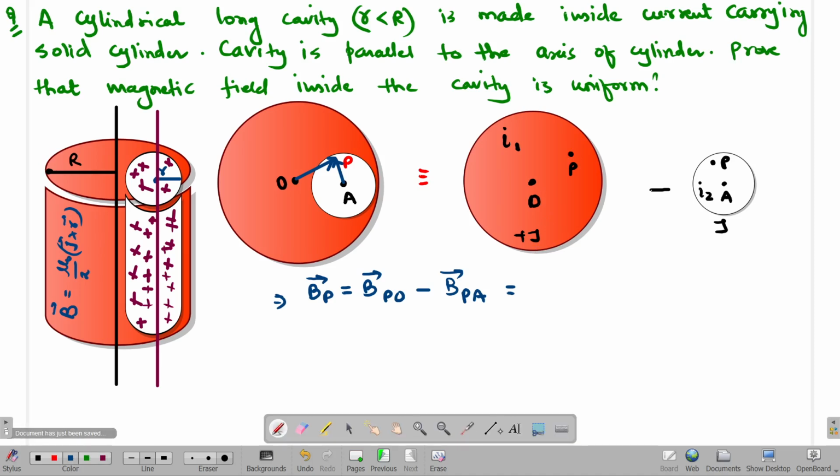If I talk about R vector, then R vector is OP vector. So it will be mu naught J vector cross OP vector divided by 2. Write it fast, then I'll move ahead. Similarly, this is mu naught by 2 J vector cross AP vector, because this is also AP. Are you able to get me?